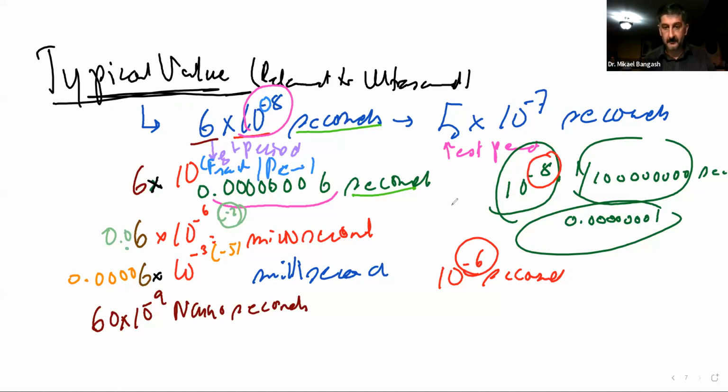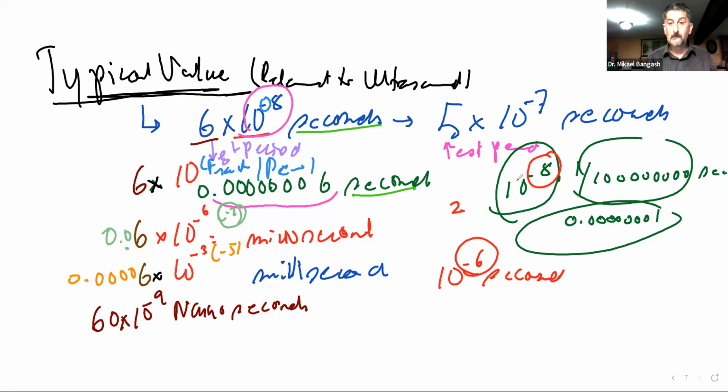The difference is 2. And mainly because you went from a smaller unit and expressed its worth in a bigger unit.